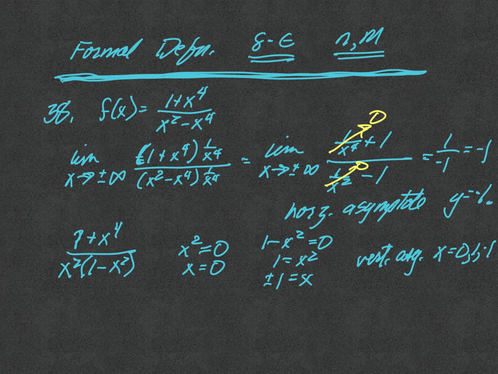And then in this case, we can do the limits as x approaches 0, 1 or negative 1 from the left or the right. So there's 6 limits to evaluate there, of the function 1 plus x to the fourth over x squared times 1 minus x squared. And so we could then go through.